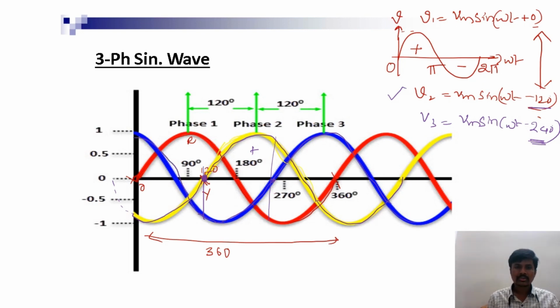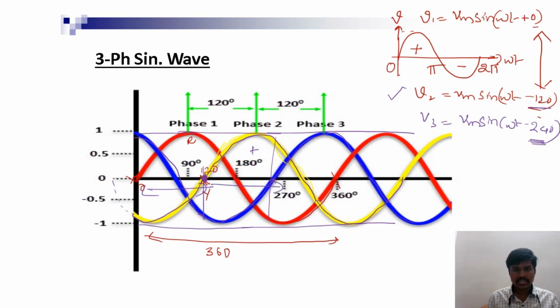So we are going to get the three-phase sinusoidal representation. In this three-phase sinusoidal representation, the magnitude is the same in all instances, and the phase difference between two phases is 120 degrees.